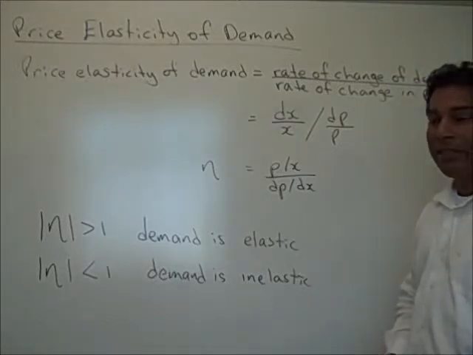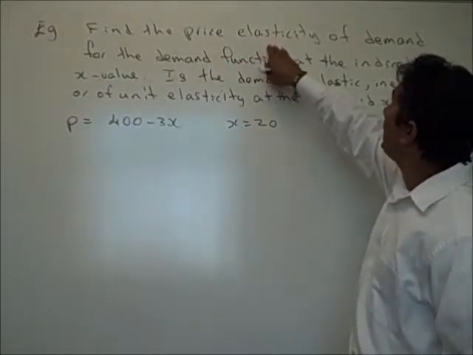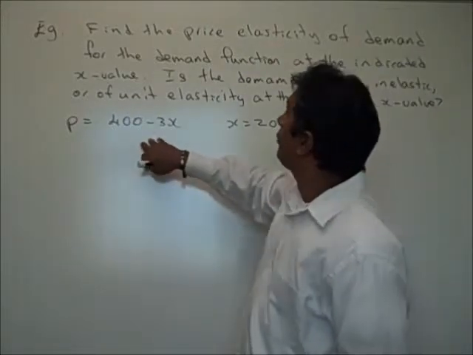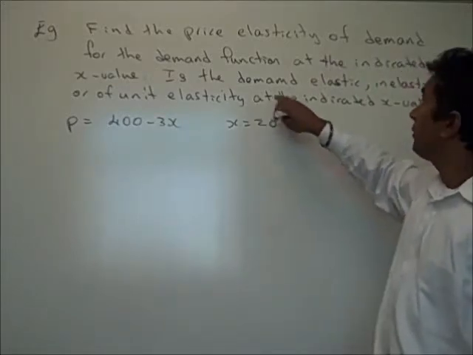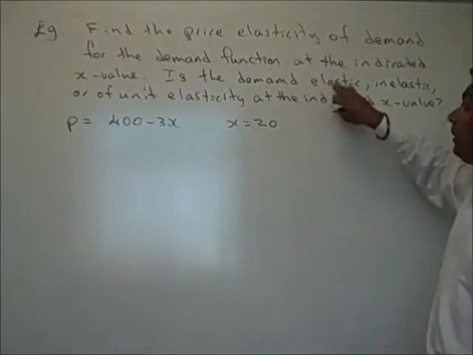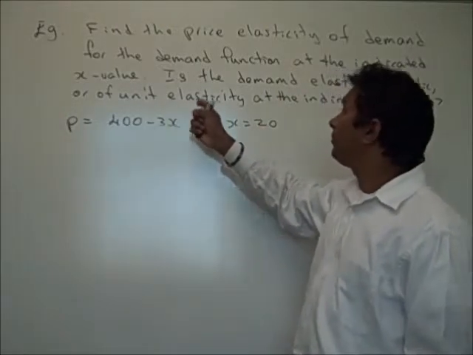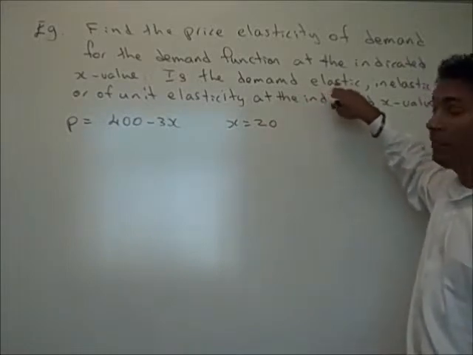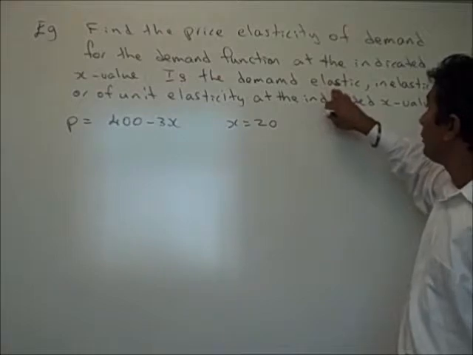Now let's look at a couple of examples. In this example, we're being asked to find the price elasticity of the demand function at this indicated value. We are also asked to find out whether the demand is elastic, inelastic, or of unit elasticity. You can recall that it's elastic when the absolute value of eta is greater than 1.